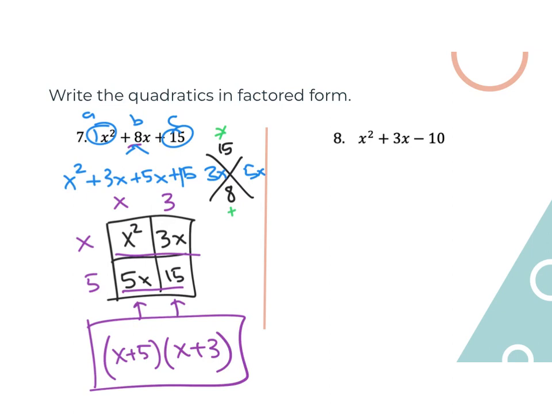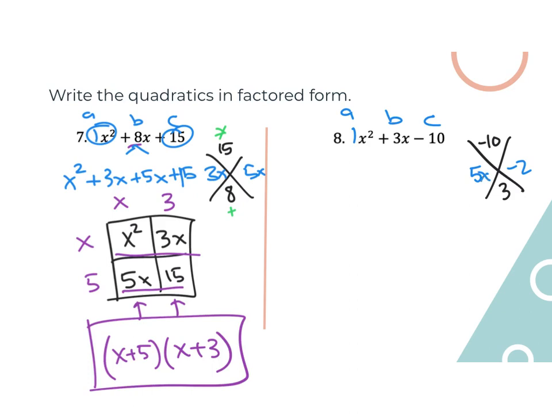One more time. Here in number 8, I have a 1x squared plus 3x minus 10. So my factor x looks like 1 times -10, which is -10. Middle term is 3. And my two factors are going to be 5 and -2. 5 times -2 is -10. 5 minus 2 is 3.